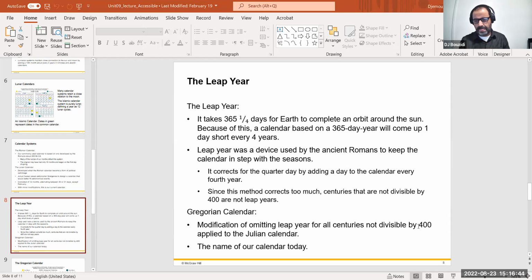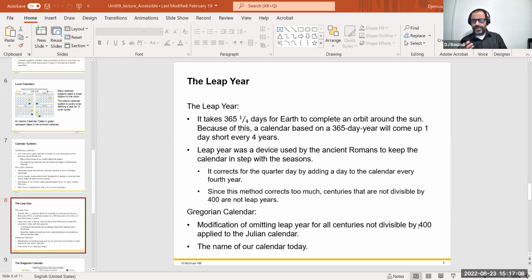The remainder is 0. In other words, if you take your calculator and divide 1900 by 400, you will find that the answer is 4.75. So it's not exactly 4. There is a remainder, and that remainder makes this year not a leap year.